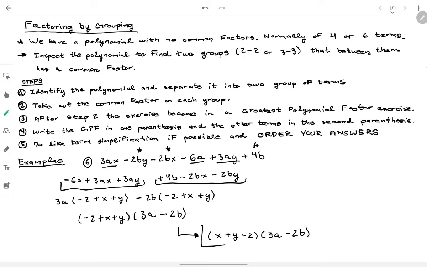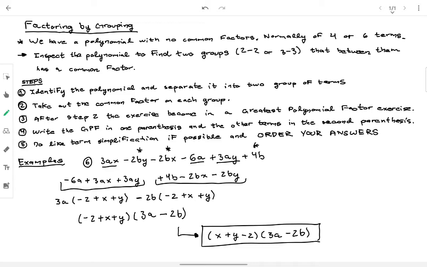And this is going to be our actual final answer. So as we saw, sometimes it's not very easy to see three terms that have something similar between them, but the actual part is to inspect the polynomial and find those two groups that between them have a common factor, and the exercise will become a greatest polynomial factor exercise.